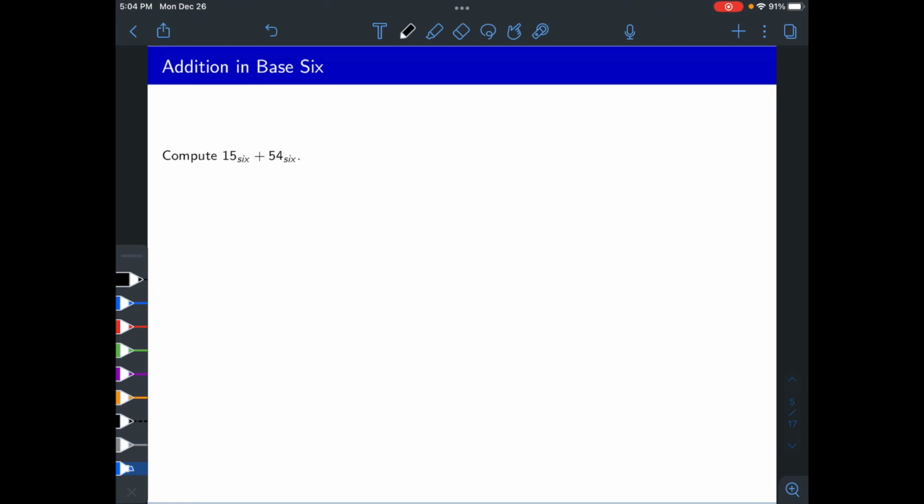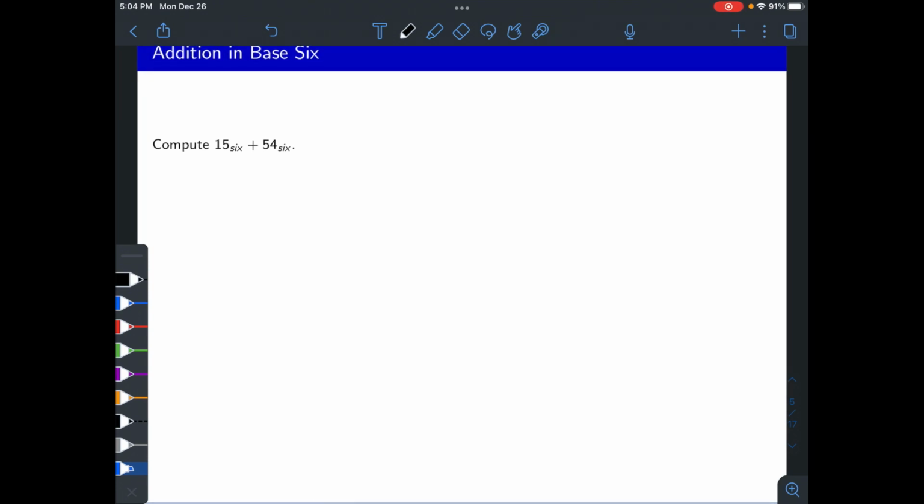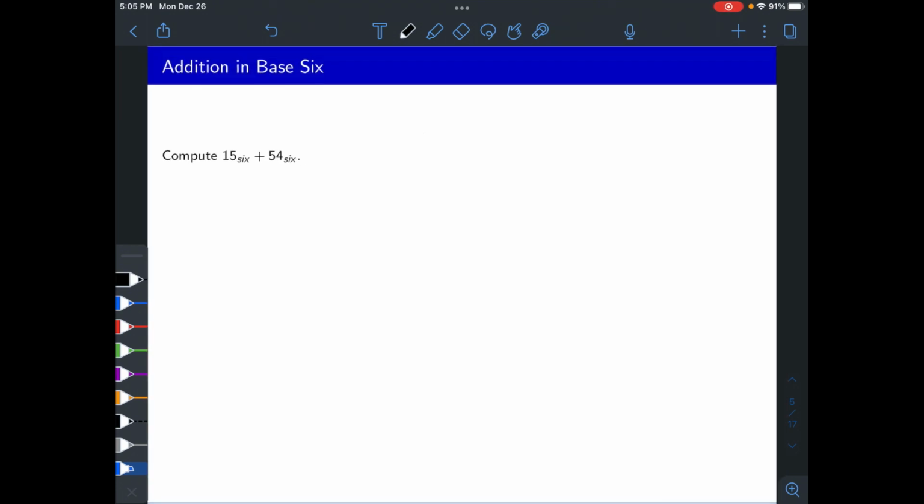Let's talk about adding two-digit stuff. So if I wanted to add 1, 5 base 6 plus 5, 4 base 6, let's think about this in the algorithm here. Obviously you're going to need to be comfortable with the one-digit addition.